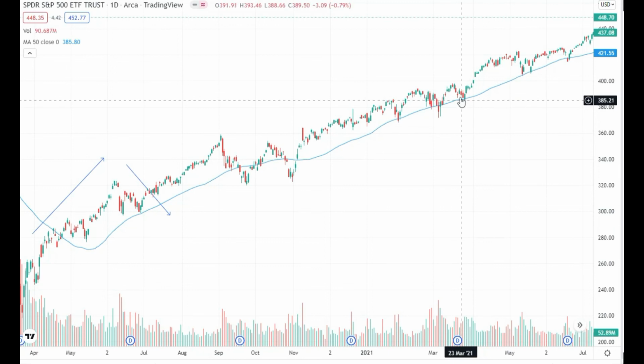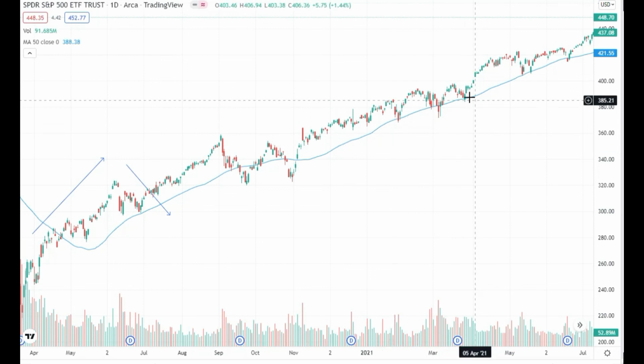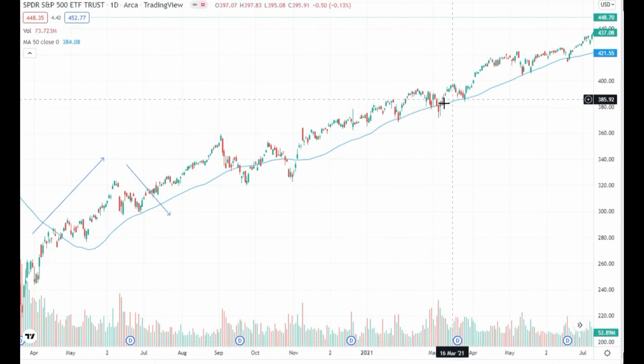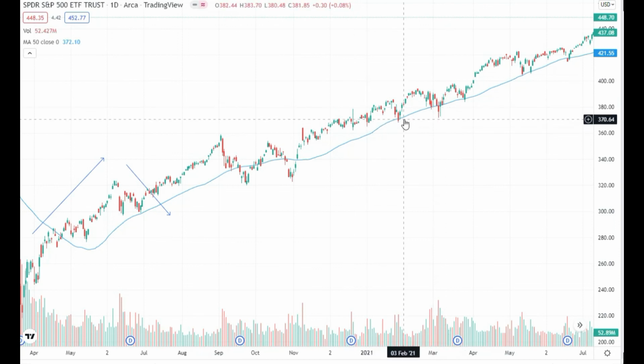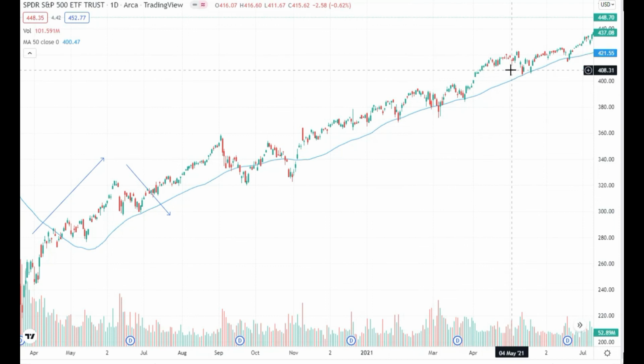And of course, for a pattern, my recommendation is, don't look at it that it just happened once. It has to have that pattern at least a couple of times, 2 or 3 times. So like, here it touched it, moved up, here it touched it, moved up, here it touched it, moved up. So it's done that a couple of times.